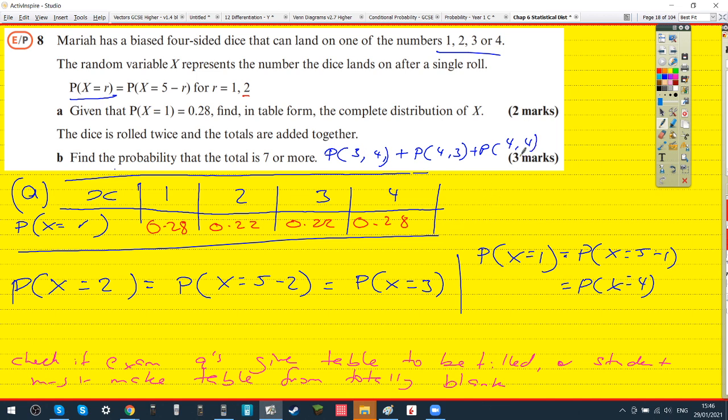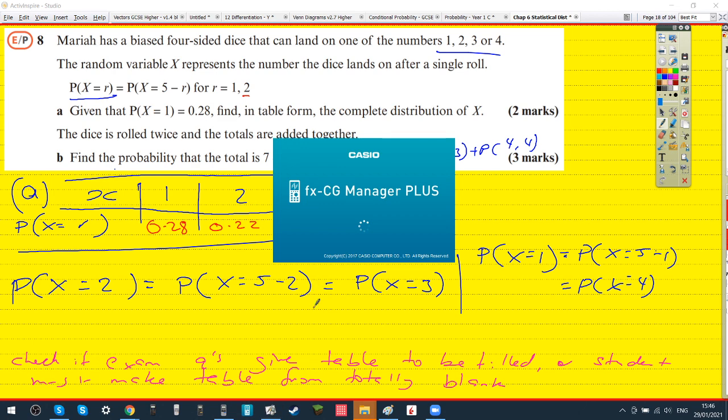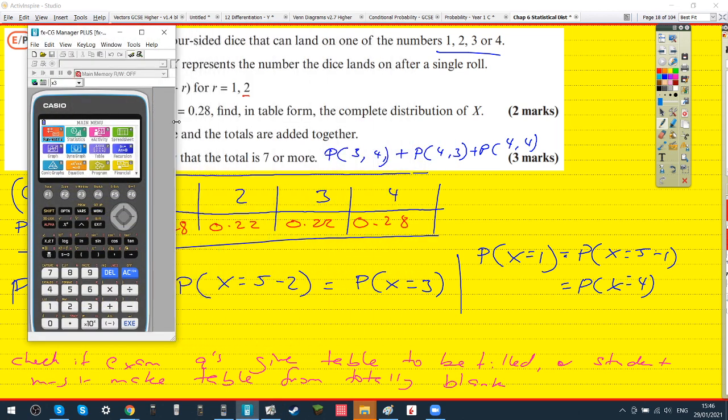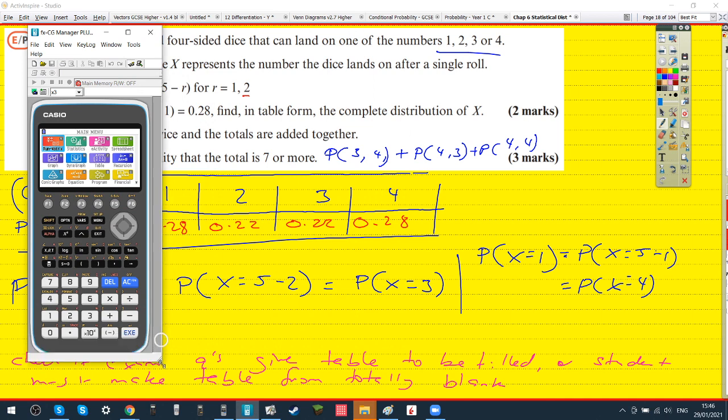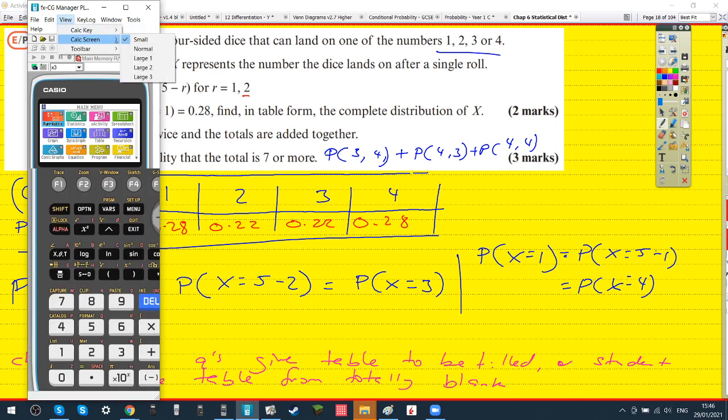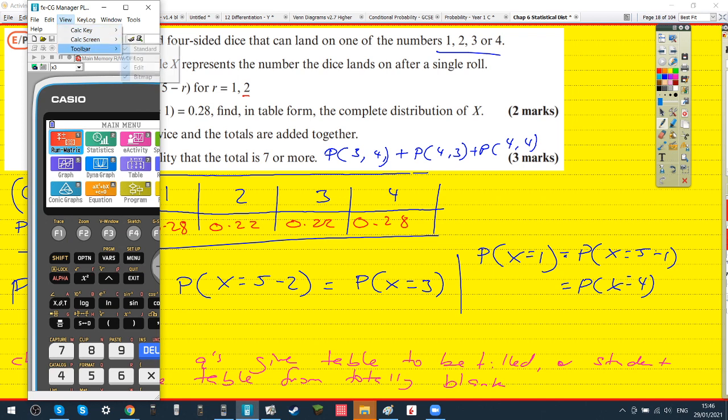And so how would you do that? Will it just be 0.22 times 0.28, and then plus 0.22 times 0.28, plus 0.28 times 0.28?